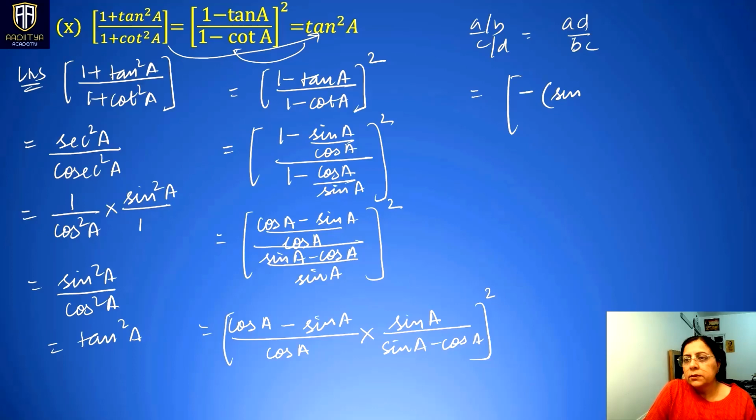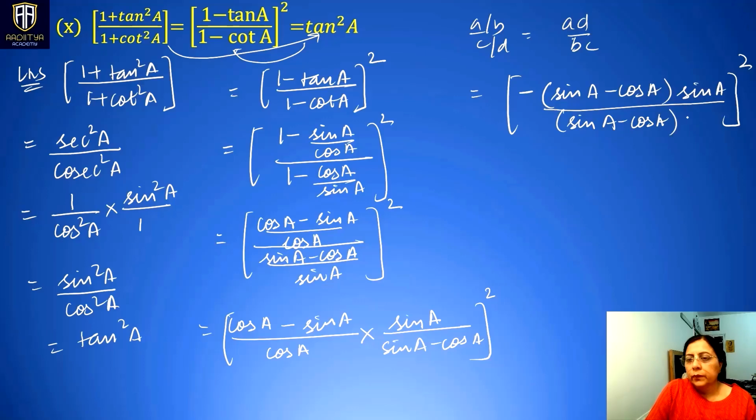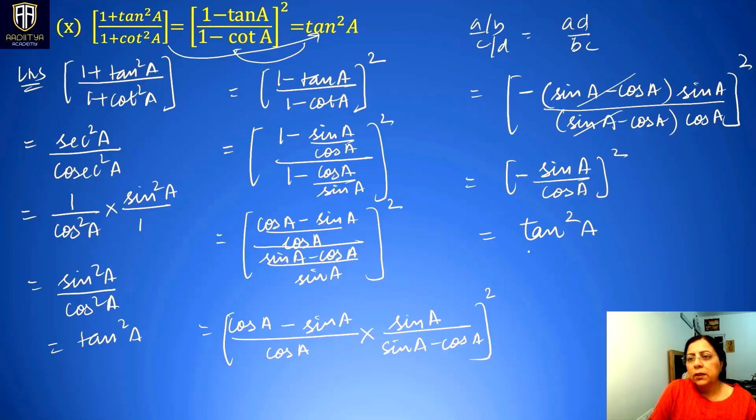So this becomes sin A minus cos A multiplied by sin A, and in the denominator we have sin A minus cos A into cos A. So now after taking out this minus sign common, we can reduce these two brackets. So we have minus of sin A upon cos A whole square. And when we take the square of a negative term, it itself becomes positive. So we have tan square A.